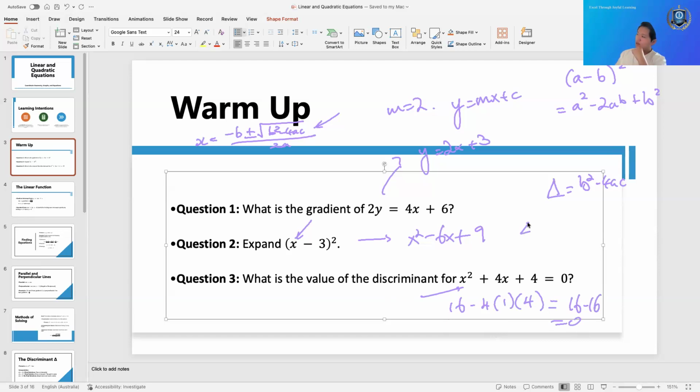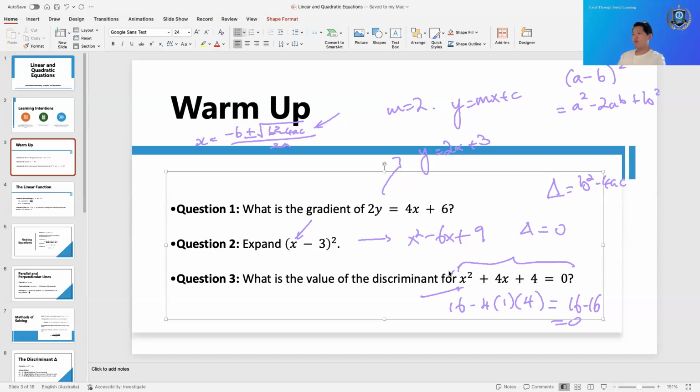Now, knowing that the discriminant equals 0, what does that tell me? That is one solution. If you equate this entire thing, it gives you only one solution.